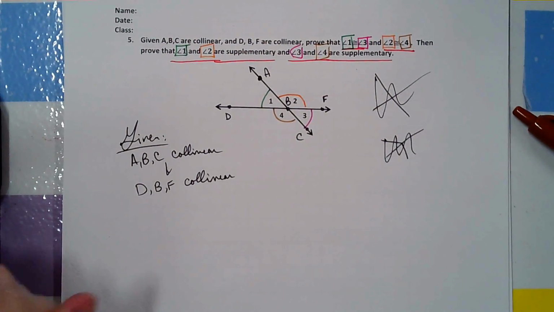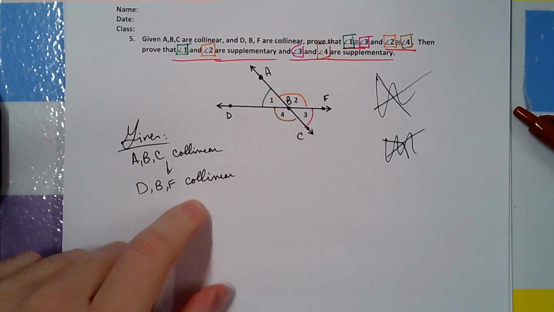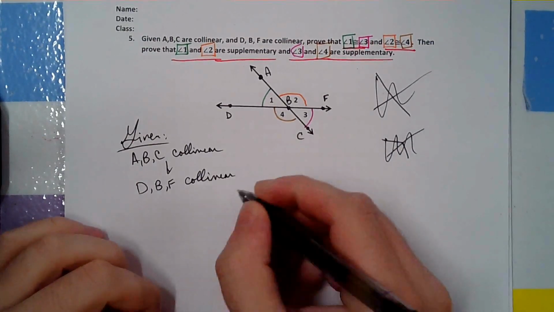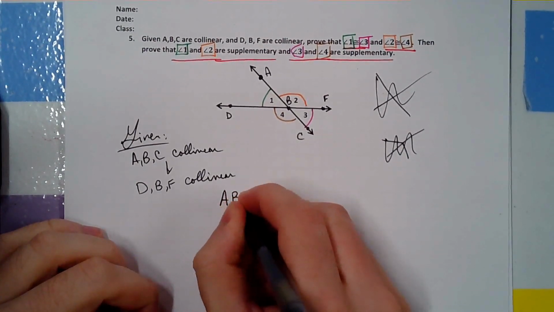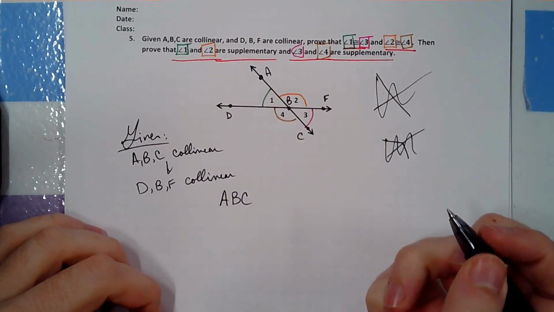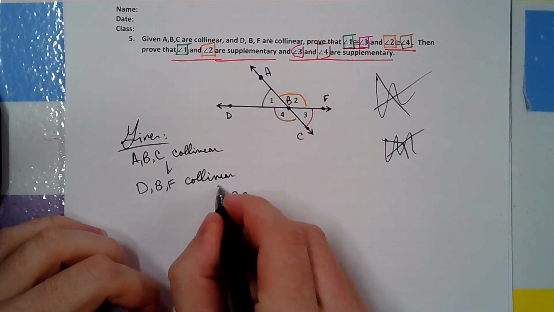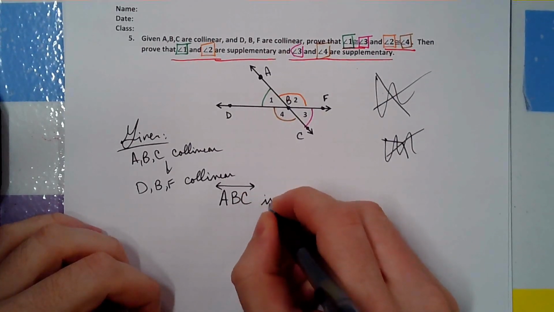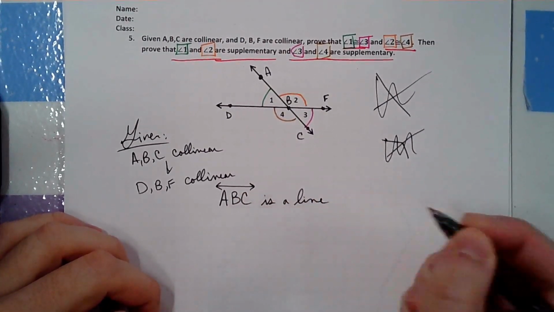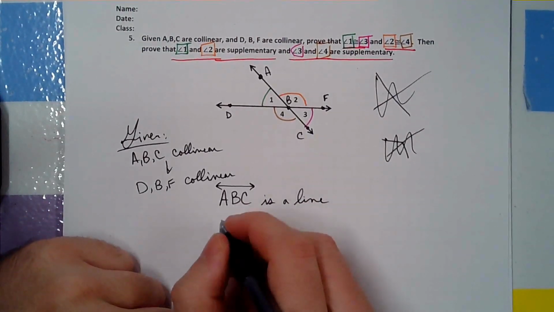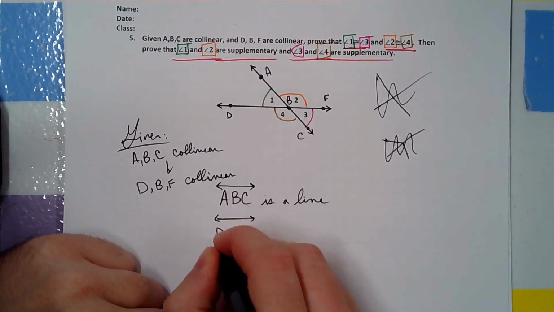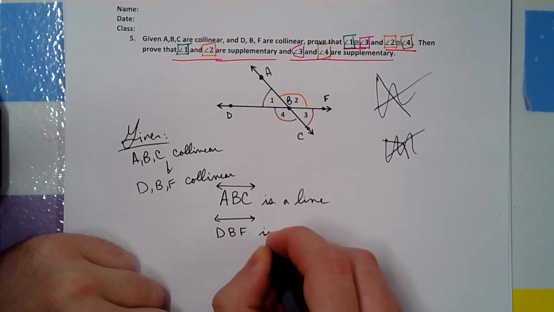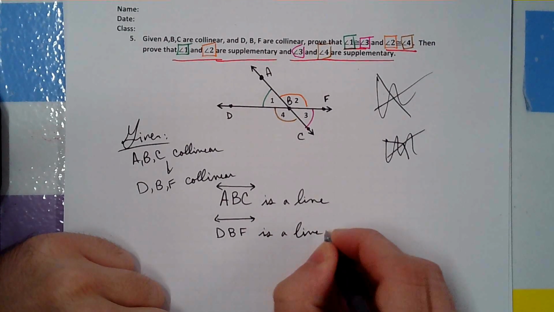Let's do this. So if they're collinear, then we know what about ABC, the figure? ABC is a what? A line, right? I know, a lot of this seems pretty obvious. ABC is a line, and we also know that DBF is a line, right? Now, why do you think we know that?